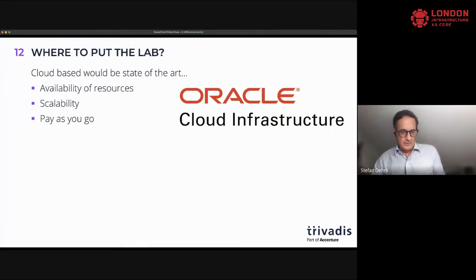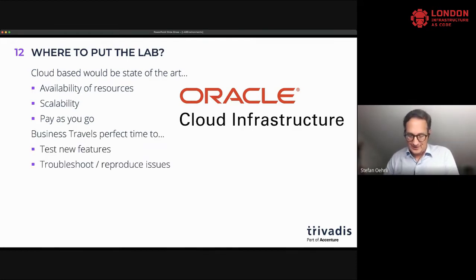Then a few notes about why and where to put the lab. Cloud is really the state of the art today. As an Oracle guy, or a guy who works quite a lot with Oracle stuff, I usually use Oracle Cloud, the Oracle Cloud Infrastructure. But I also travel a lot.